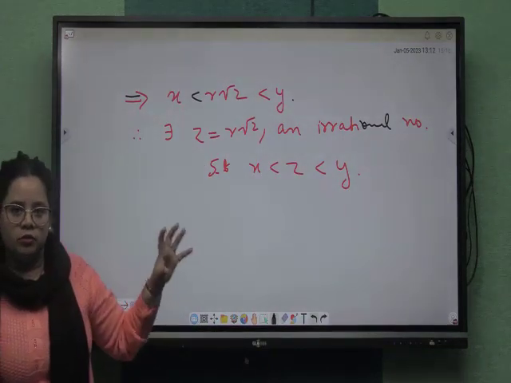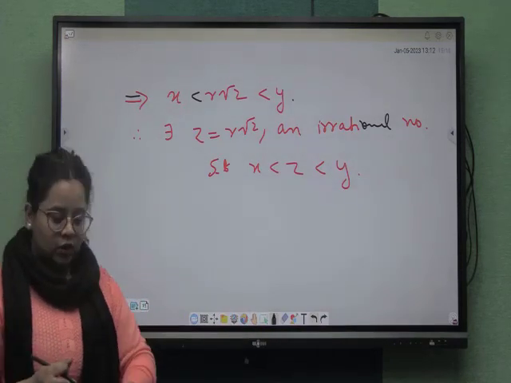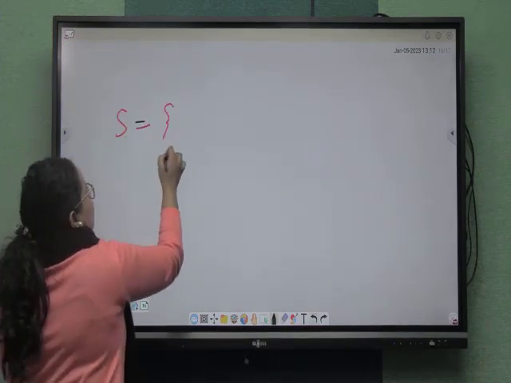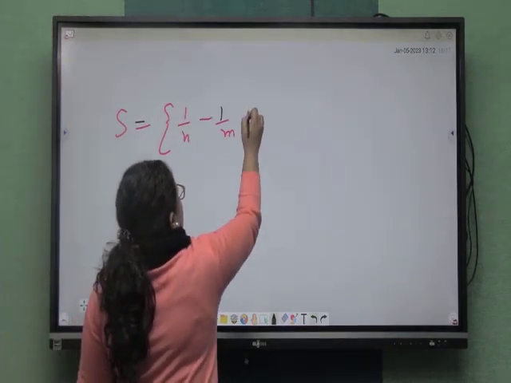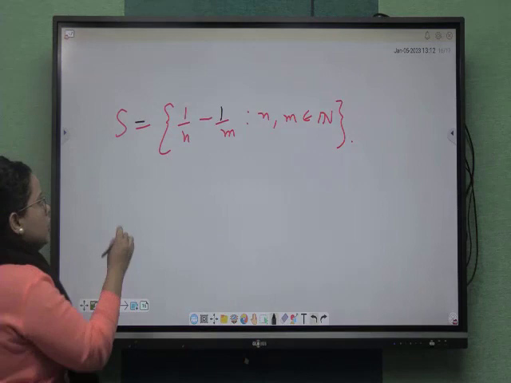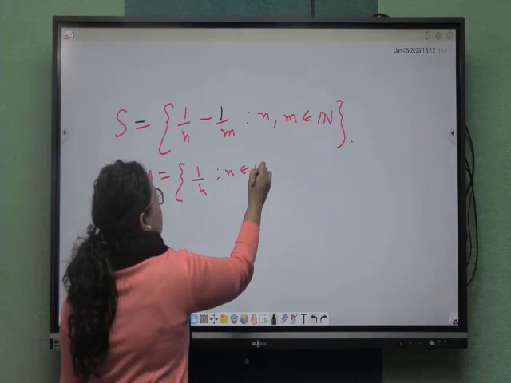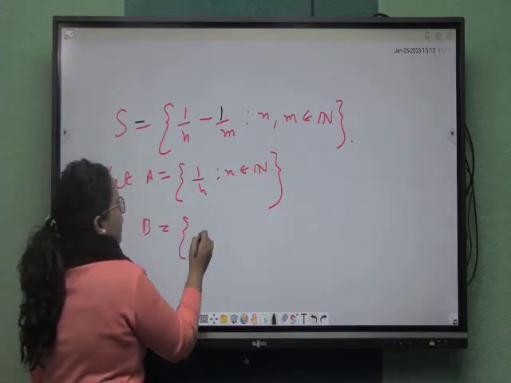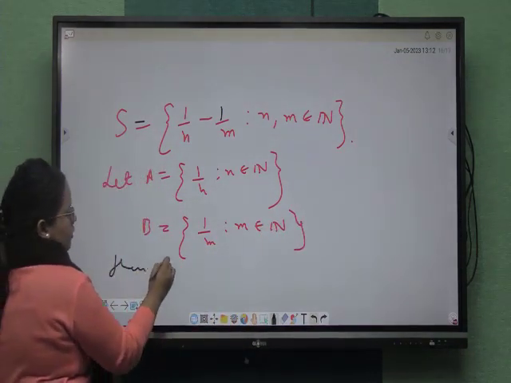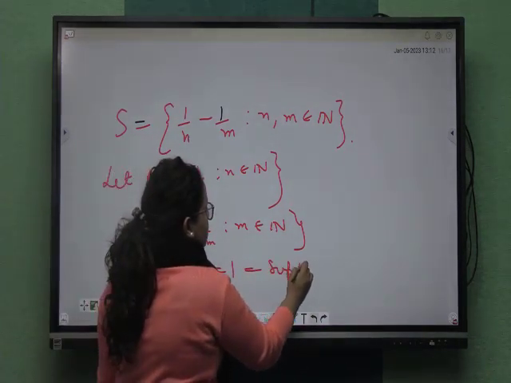Okay? Now the next few problems which you can do with that, like the infimum of 1 by n is 0. Since time is very less, what we can do is I give you a small idea. If you are given a set 1 by n minus 1 by m such that n, m belongs to N, and you are asked to find out its supremum, what will you do? Take this, let A be 1 by n and B be 1 by m, where m belongs to N. Then sup A is equal to 1 is equal to sup B. Okay?